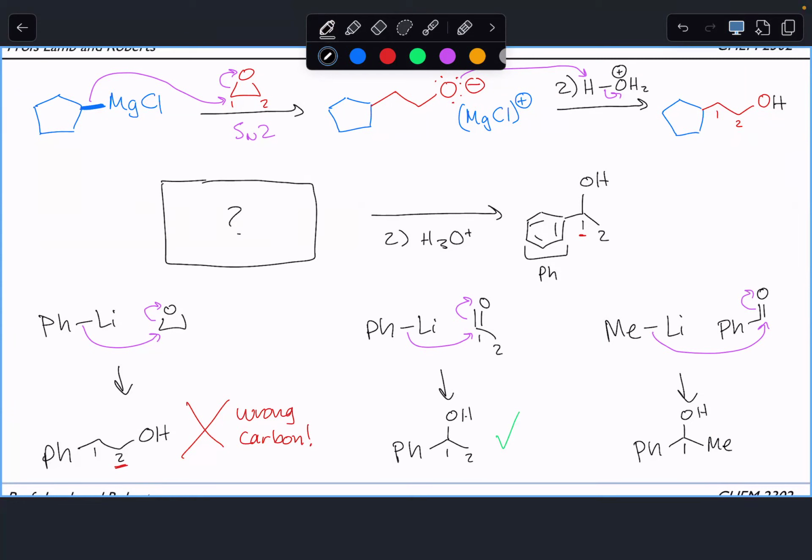Next to the phenyl, it's still 1. It's on the 1 carbon. So this is the same product. The only thing that's different about the last 2 sets is which bond we made. So we either made the bond on the left or we made the bond on the right. But they make the same product, so you can do it either way.